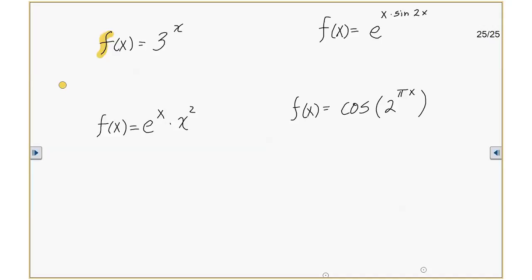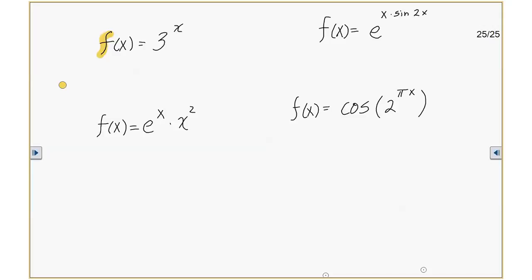Of course, what would you do if you came to any one of these on the test? Skip it. But take your rules that I gave you and apply them. That first one is a to the x. The second one is product rule.